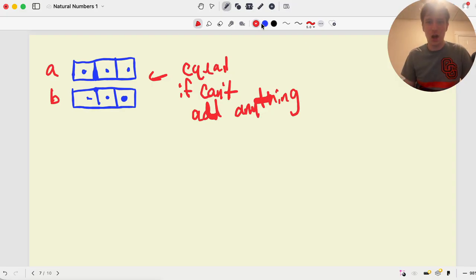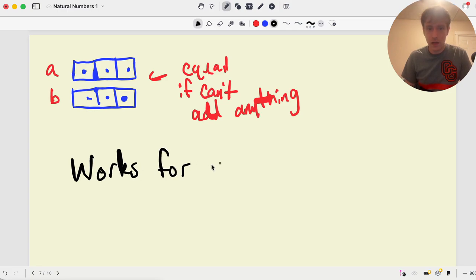Okay, and if I'm being honest, this method is somewhat practical for maybe numbers 1 through 10. Okay, so in other words, this does work for small numbers.